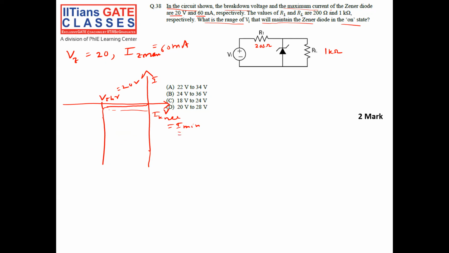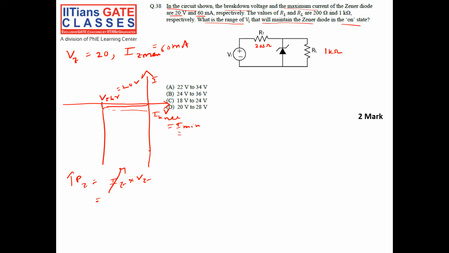Also, if you go on increasing the current of the Zener, the power dissipation, Pz equal to Iz into Vz, keeps increasing.